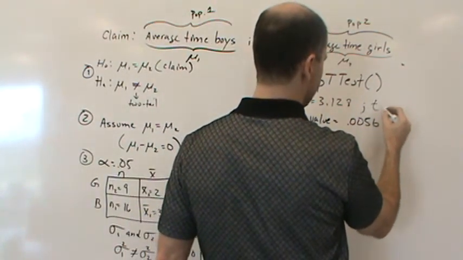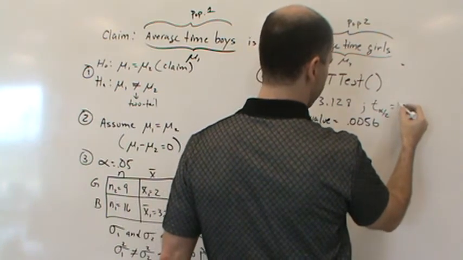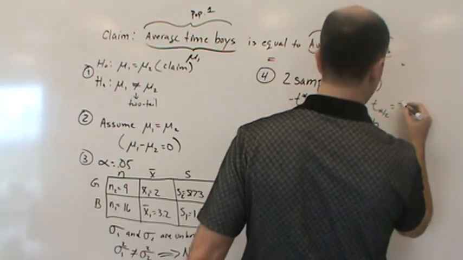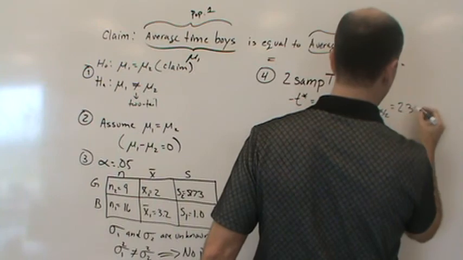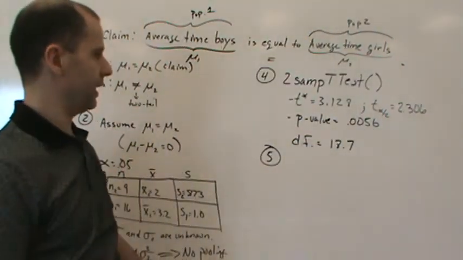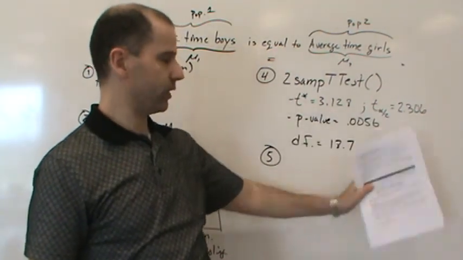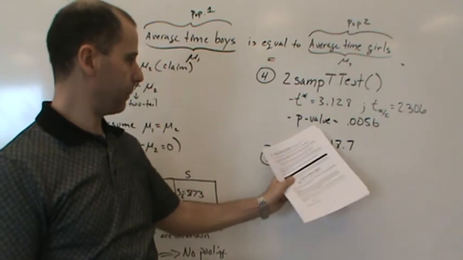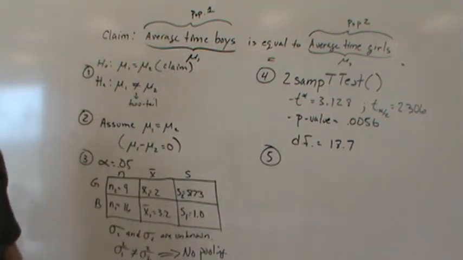So I get t alpha divided by 2 is equal to 2.306. And so obviously my test statistic falls within the rejection region. And again, my p-value is definitely less than alpha. So again, both methods give you the same answer.